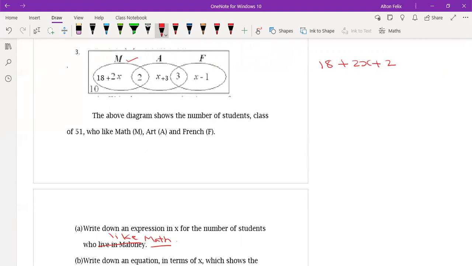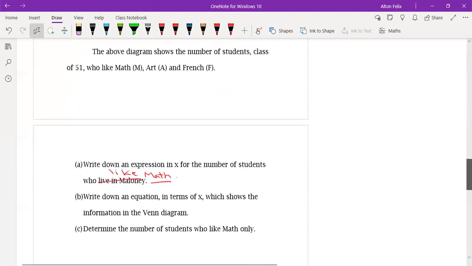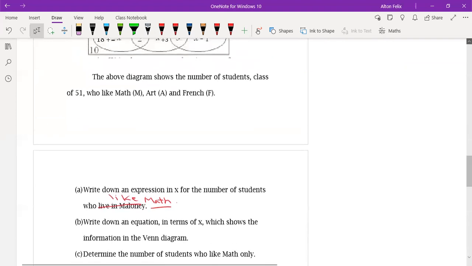What does the second part of the question say? Write down an equation in terms of X which shows the information in the diagram. So we just need to bring all the information together.